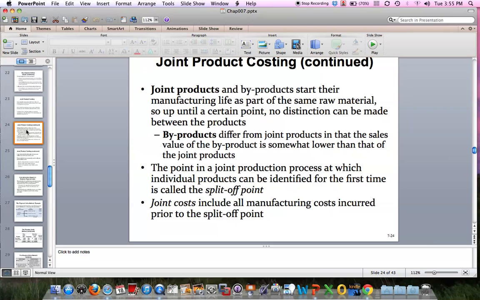So they start out being the same product. At some point in time, they have what they call the split off. At the split off point, then we have at least two, if not more, identifiable products. Joint costs include all manufacturing costs incurred up to the split off point. And those joint costs are what need to be allocated to each of the new products that have been created at the split off point.